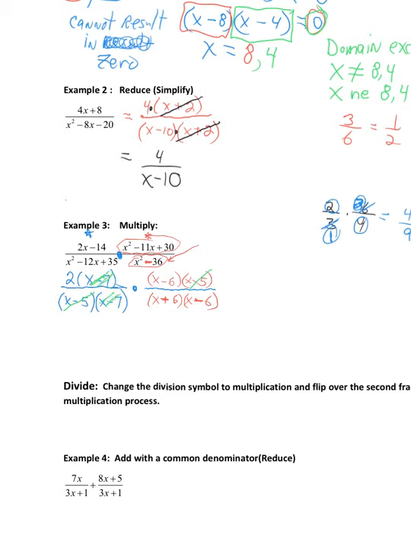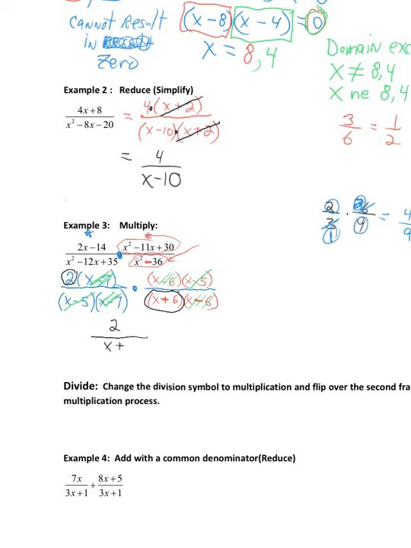And on the fraction on the right, I'm going to reduce x minus 6 with x minus 6. So what is left out of all of this? I basically ran out of colors except black. So I have a 2 that is still remaining that did not get canceled out. And on the bottom of the fraction, we have this x plus 6.